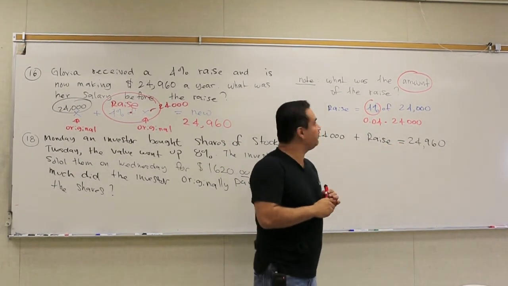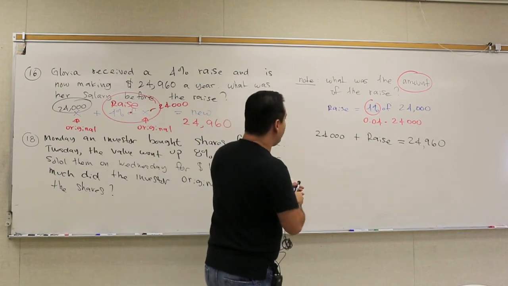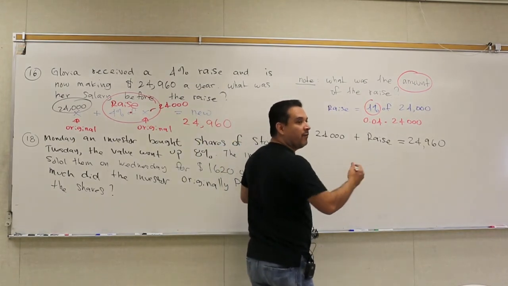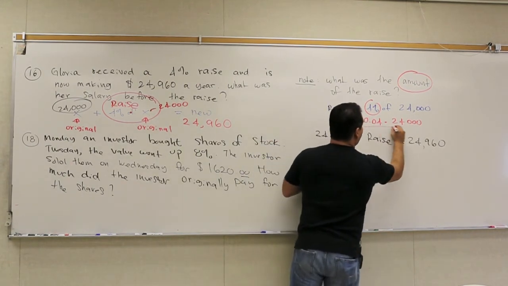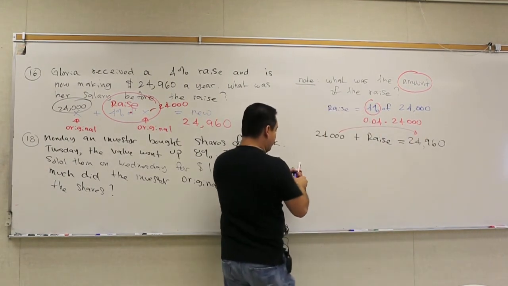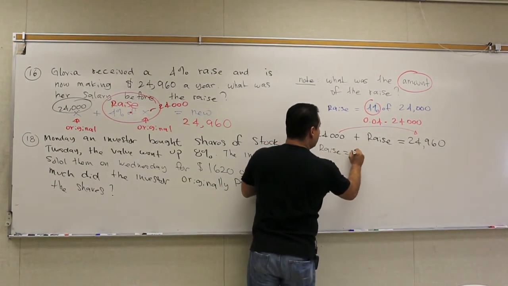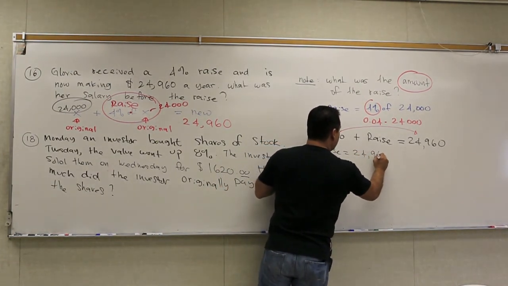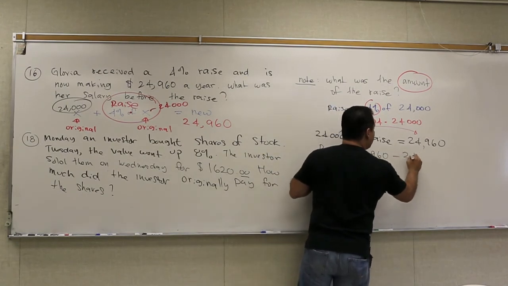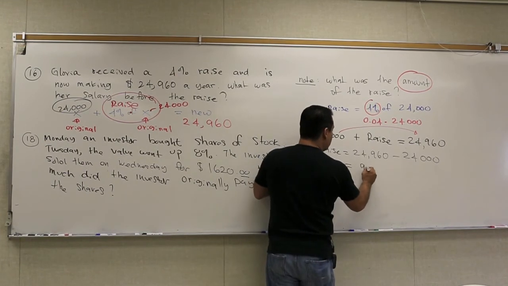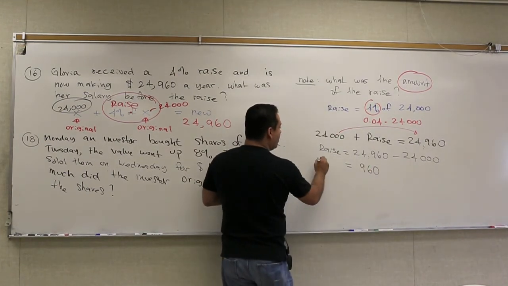Is that true? Yeah, I guess so. Okay, can you guys solve for the word raise? How do you solve for raise? In other words, isn't the raise equal to 24,960 minus 24,000? She's now making what? $960?